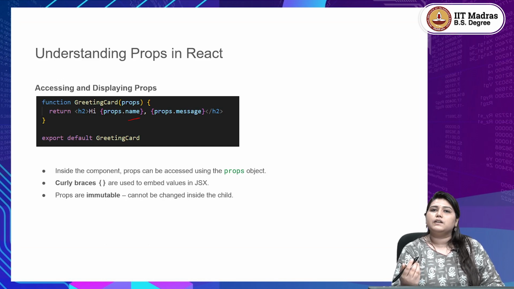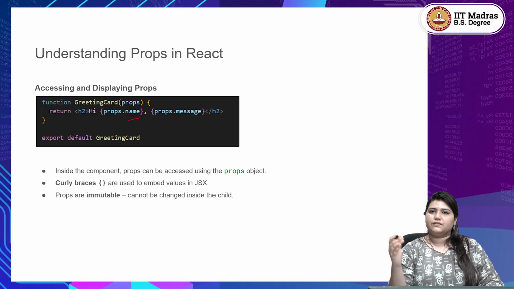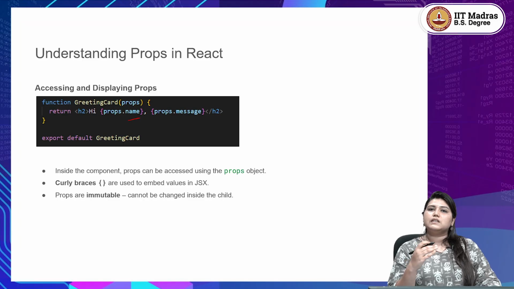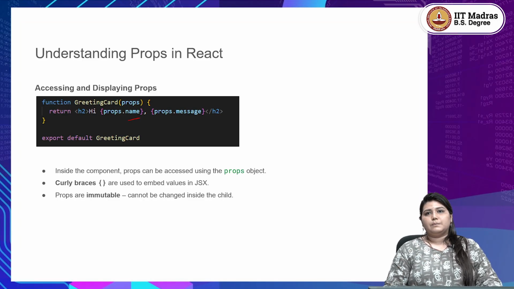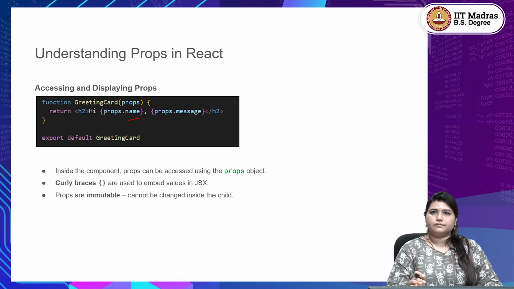This might feel similar to templating engines in other frameworks, but with React, everything stays inside JavaScript. That gives you a lot of flexibility. You can run expressions, call functions, or even conditionally display parts of the UI, all based on props.